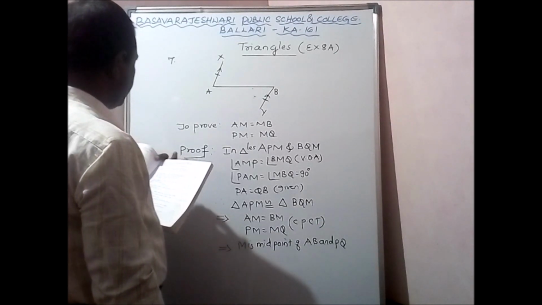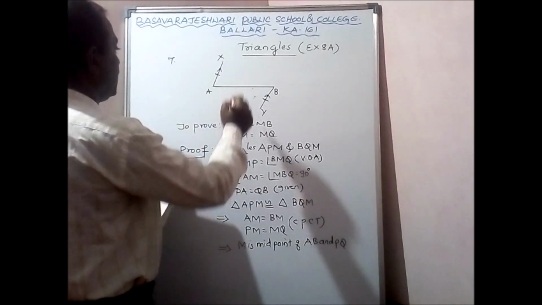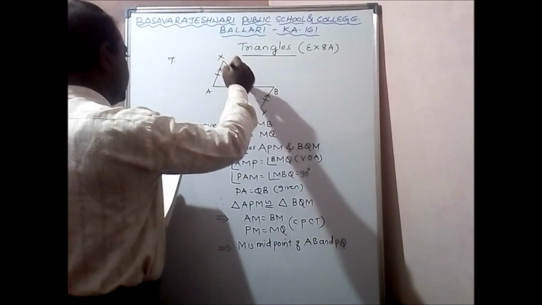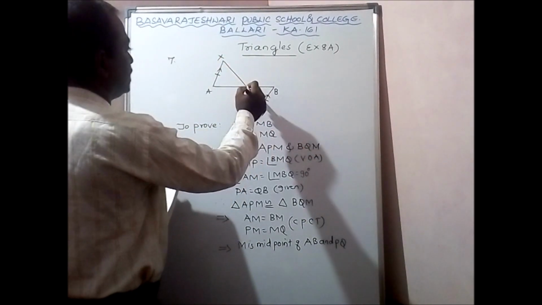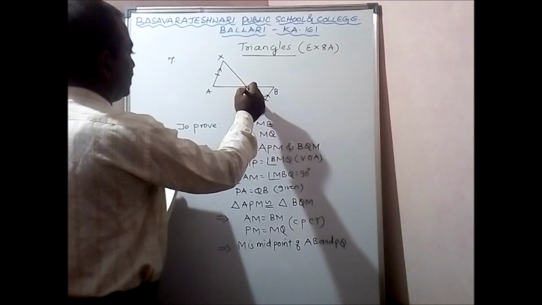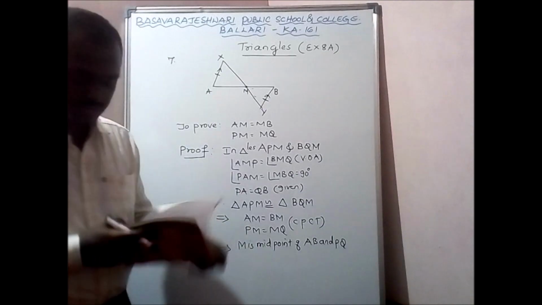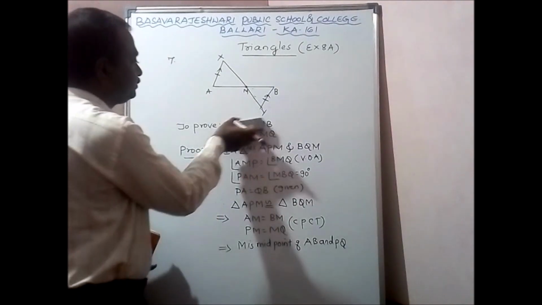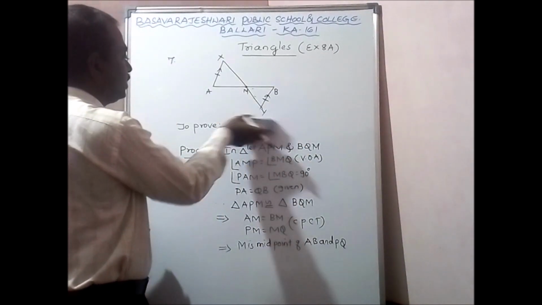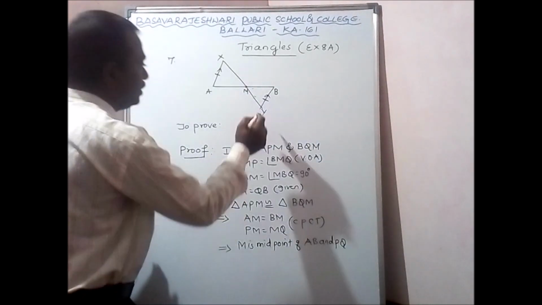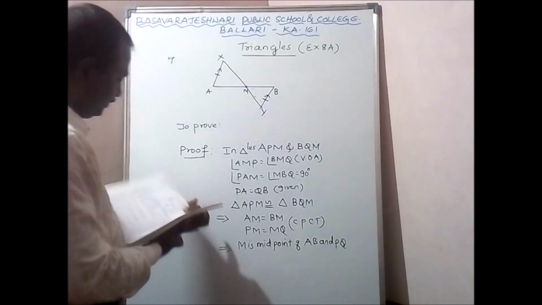If AB and XY intersect at M, join XY, both are intersecting at M. So what do you have to prove?